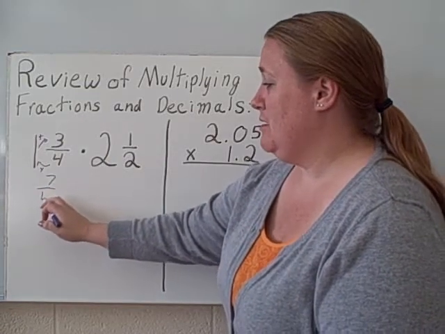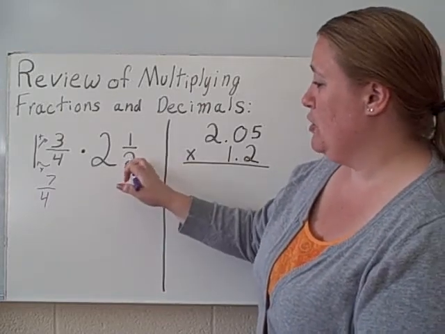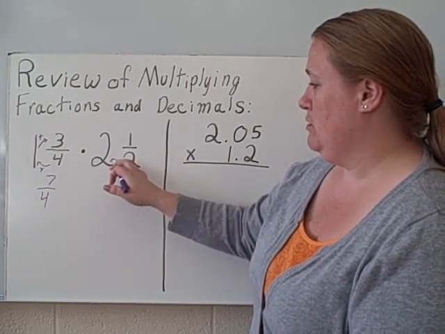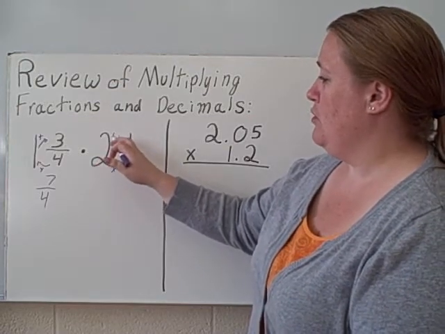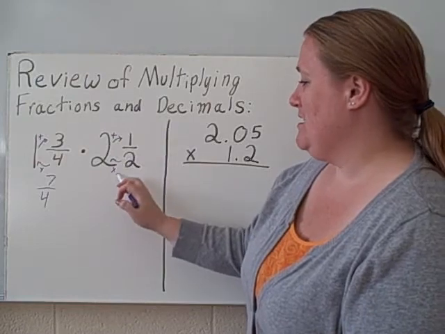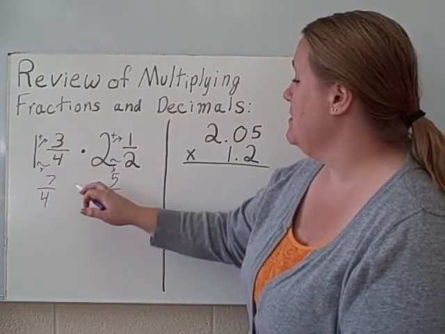And we keep the denominator the same. We do the same one over here. 2 times 2 is 4 plus 1 is 5. So that's 5 halves.